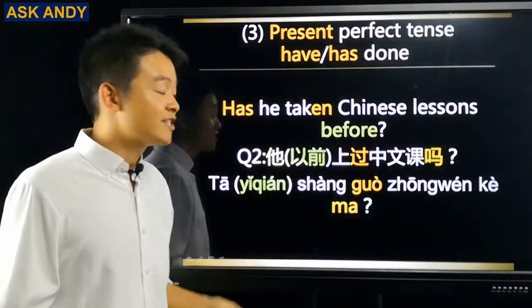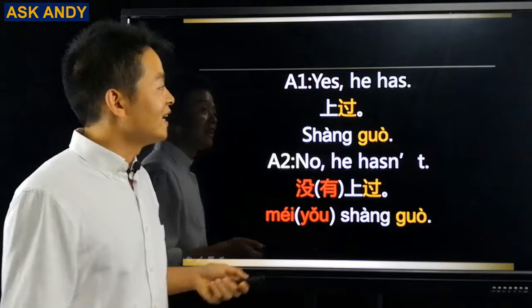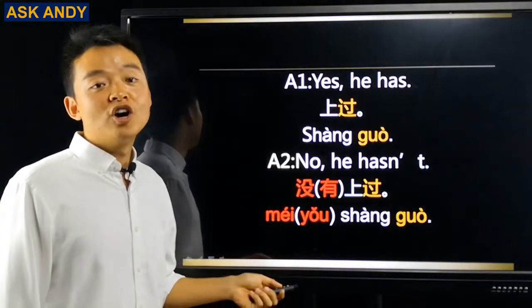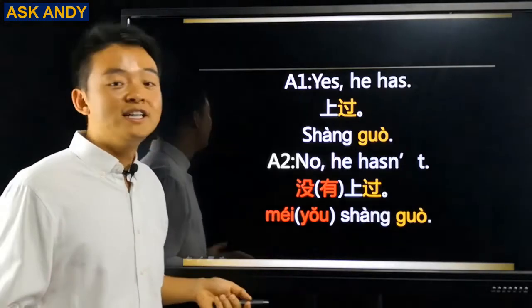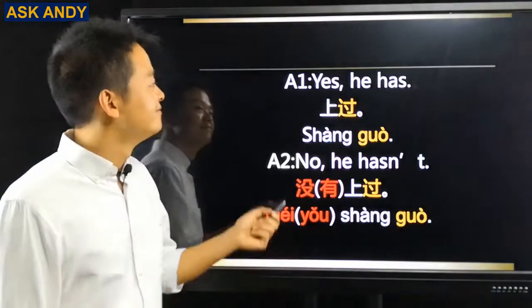How do you answer that question? 上过. That's like yes, he has in English. Answer 2, 没有上过. Usually you are going to hear 没上过. That's the one we have in Chinese for no, he hasn't.